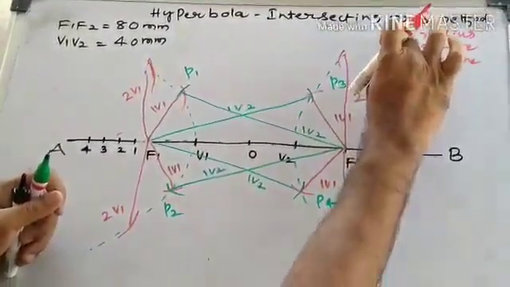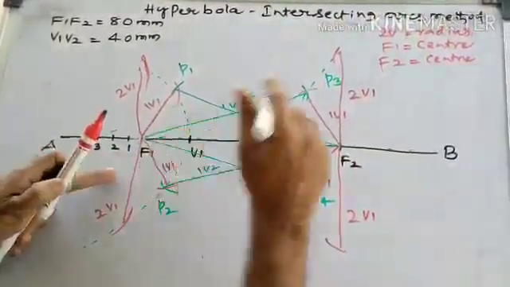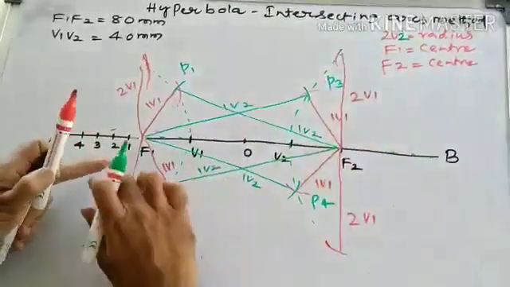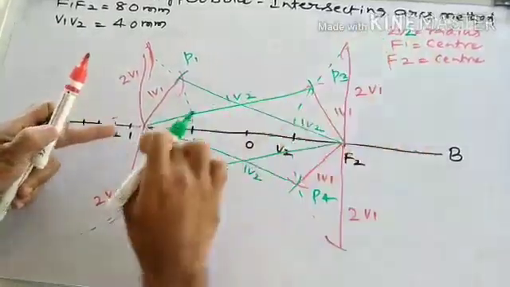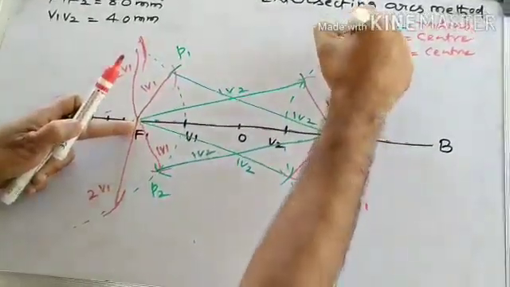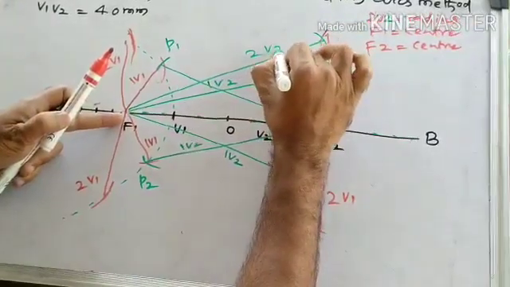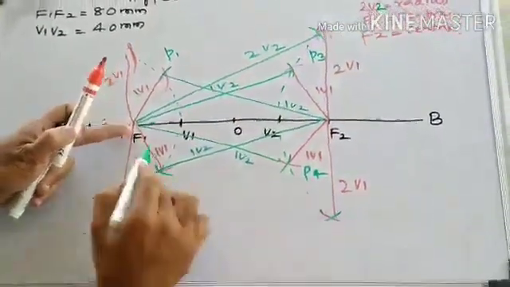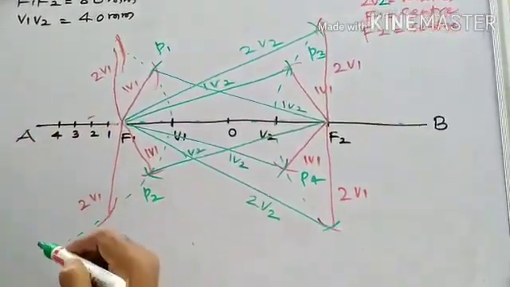Next step, 2 V2 as a radius, F1 as a center. Cut this arc again. What is this? 2 V2.